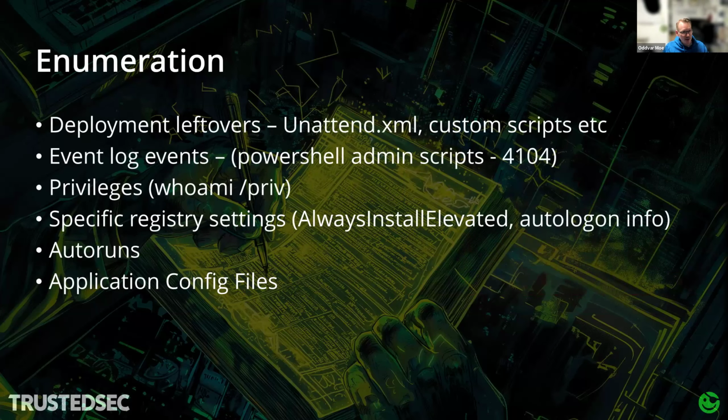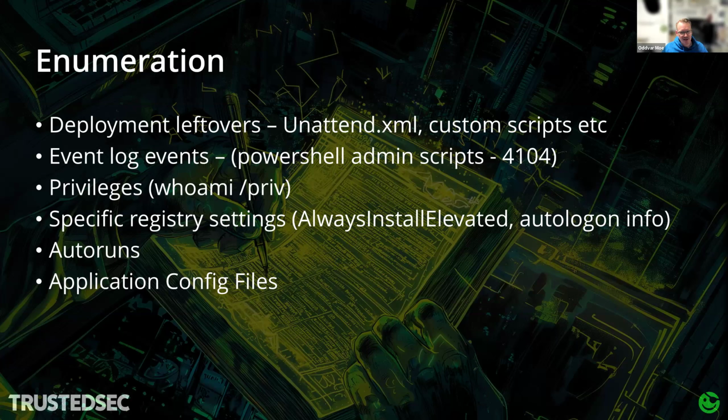Other things that I typically look for when I get a box or I do privilege escalation testing is I look for deployment leftovers, because that could tell you interesting information. For instance, local admin access or passwords.